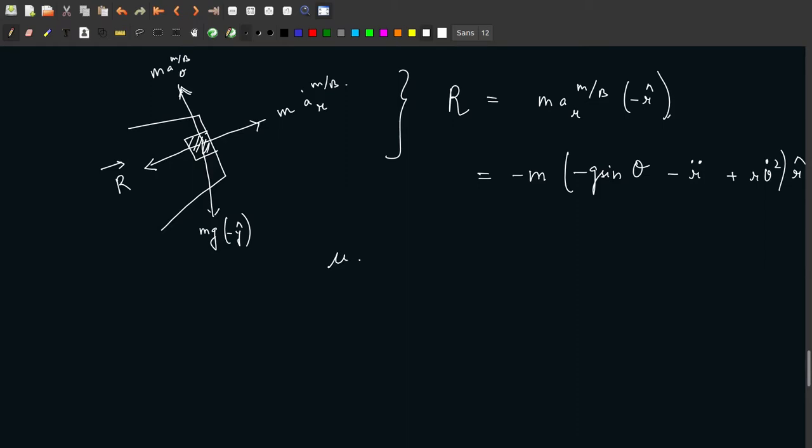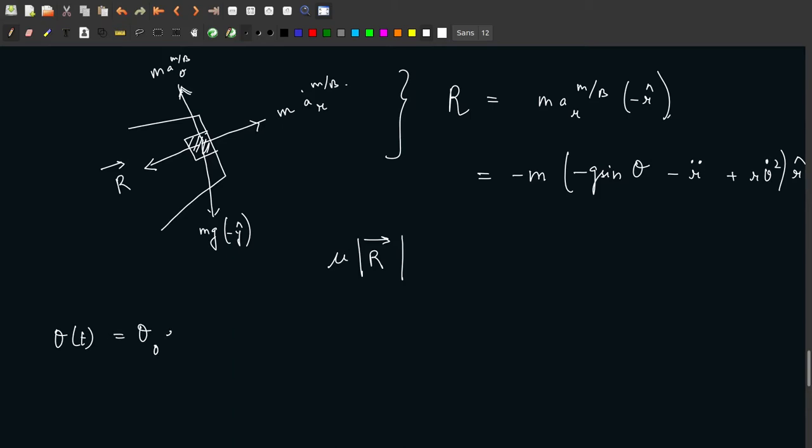And the magnitude of the friction, as you are all aware, is equal to mu times the magnitude of r, and this will oppose any force. It will try to oppose any relative motion between the block and the base of the bucket. So what you have is theta of t as a function of both time as well as radius.